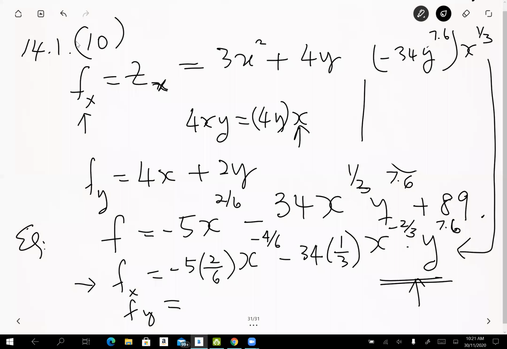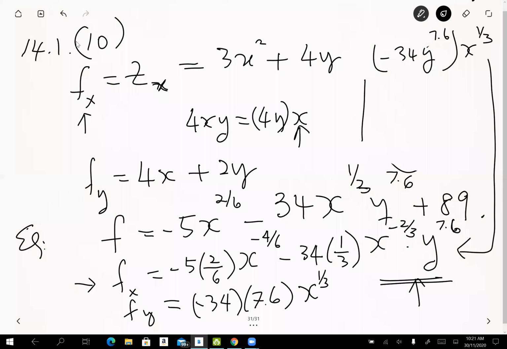For the first term, of course, that is 0. There is no y, so that will be 0. Now for the second term, what is the derivative? Negative 34 multiplied by 7.6, x. You keep the x, it's a constant.